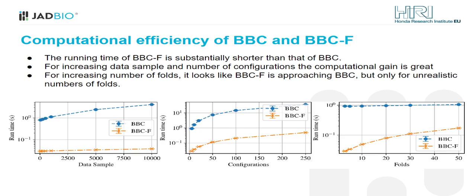Whereas for increasing number of folds, it looks like the fold version of the BBC is approaching asymptotically the original BBC method, but this happens only for unrealistically large numbers of folds, because we rarely see analysis cross-validation protocols with more than 10 or 20 folds.